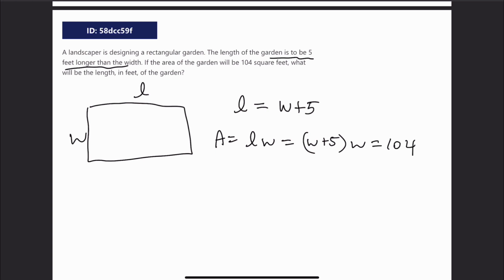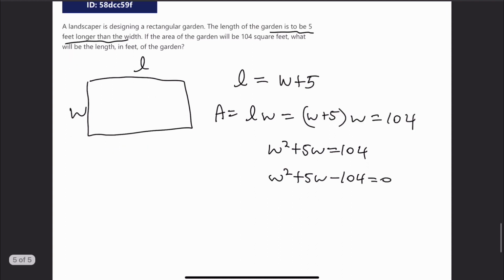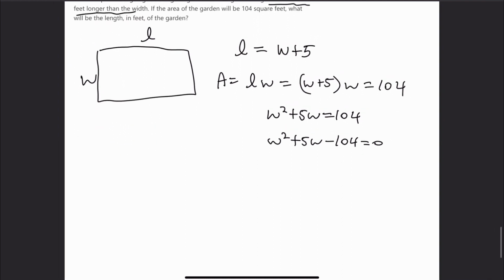So ultimately this is just a simple quadratic. If we solve this, first expanding, w squared plus 5w equals 104, w squared plus 5w minus 104 equals 0. So we need to find two numbers that add up to 5 and multiply to negative 104.